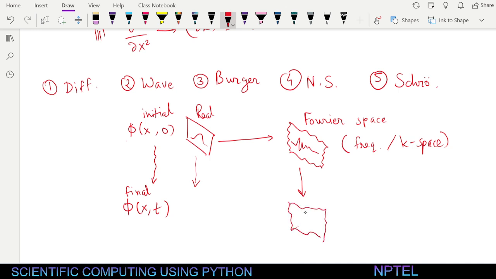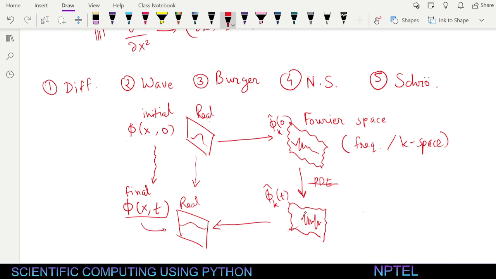So here you get phi k of 0, then get phi k of t, which is easy because here there is no PDE, only ODE and some multiplications. So you get some other solution, and then go back to real space, which might be something like this. And this gives you phi x t.